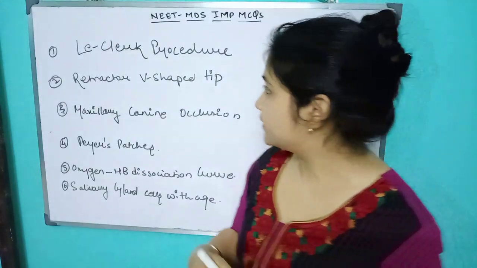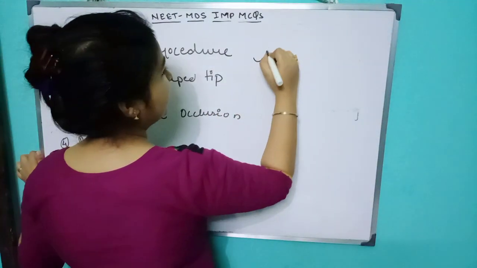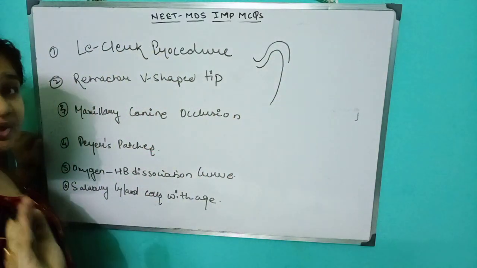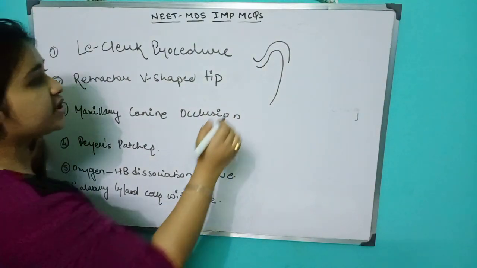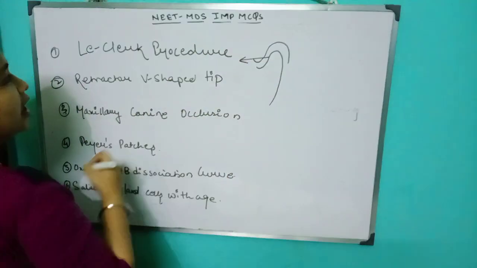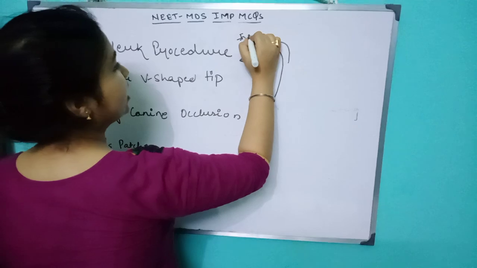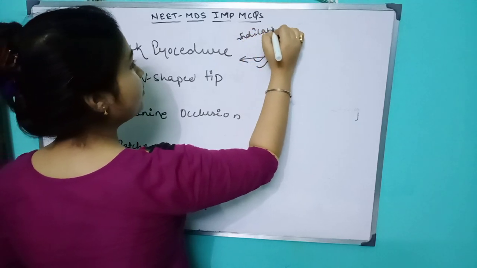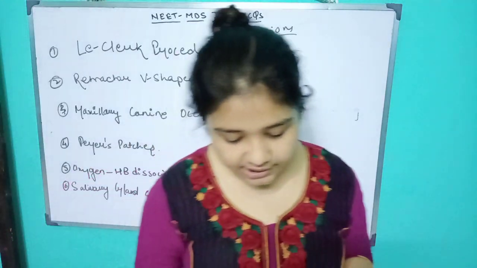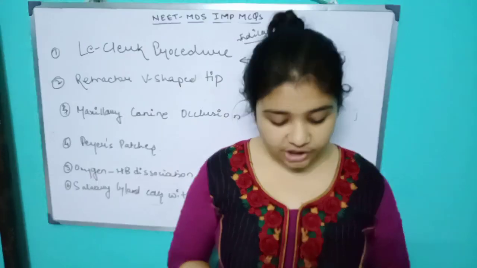For example, this is a TMJ. This is a habitual procedure of anterior displacement of TMJ. These are all the indications. The first indication, okay. The second indication is anxiety leading to dislocation.